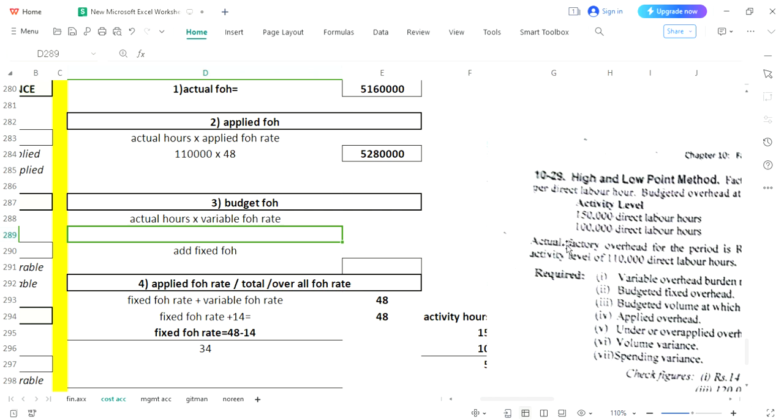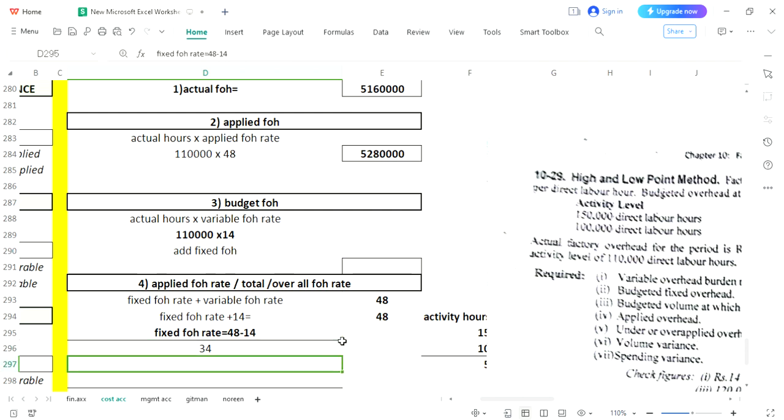First word was actual, so actual hours are 1,10,000. It would be multiplied by the variable FH rate, which we have calculated over here, 14. Plus variable, so 14 is the variable FH rate.